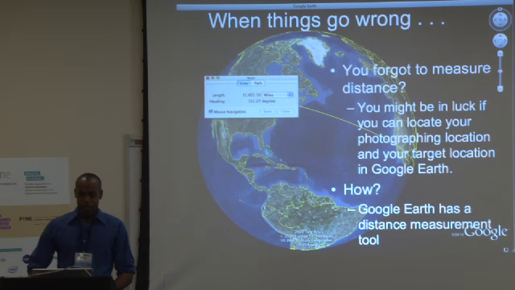All right, now obviously I was just experimenting with a lot of this stuff, and lots of things can go wrong. There are several ways things can go wrong. You forgot to measure distance, for example. That would be probably the worst thing that can happen.